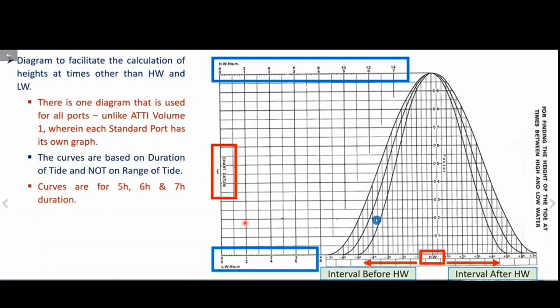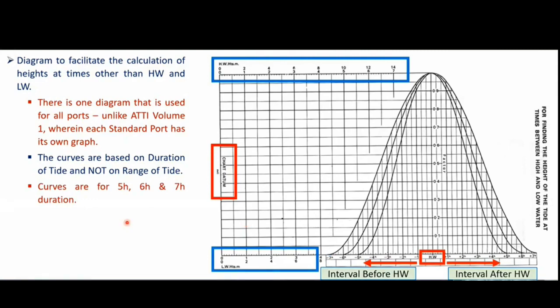So exactly in the middle will be our particular curve which we should be using. So in volume 1, this was not based on time. In volume 1, this was based on the range of tide. Clear, beta? Understood? Yes, sir. Very good.